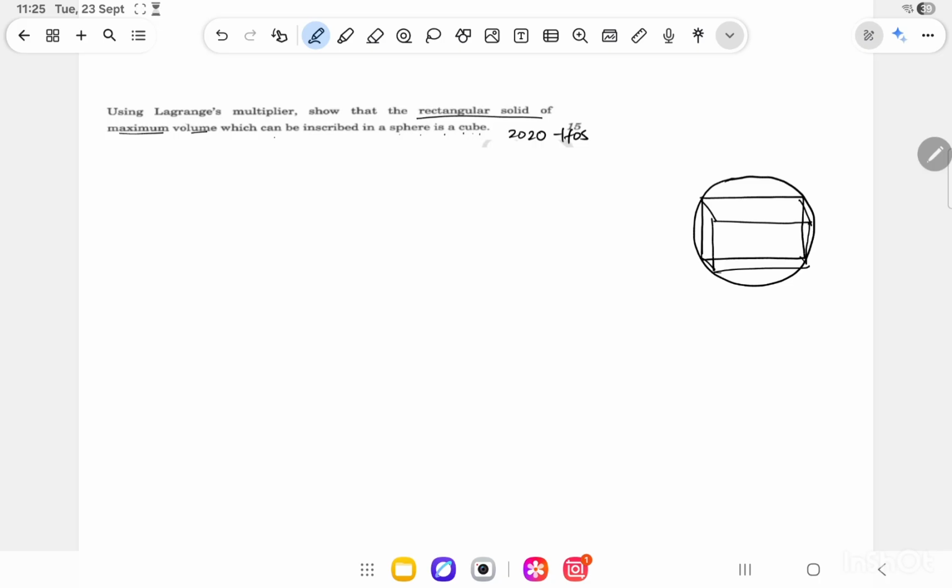So let us assume that x, y and z are the length, breadth and height of the rectangular solid.